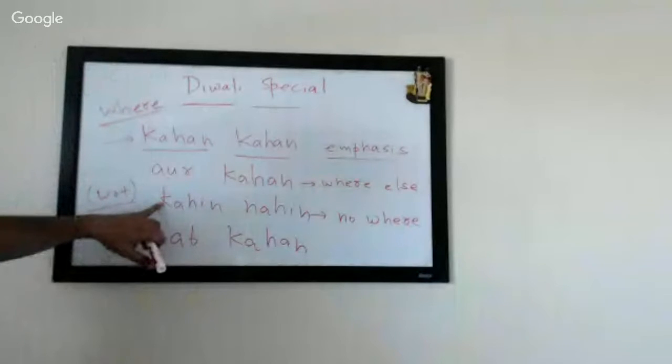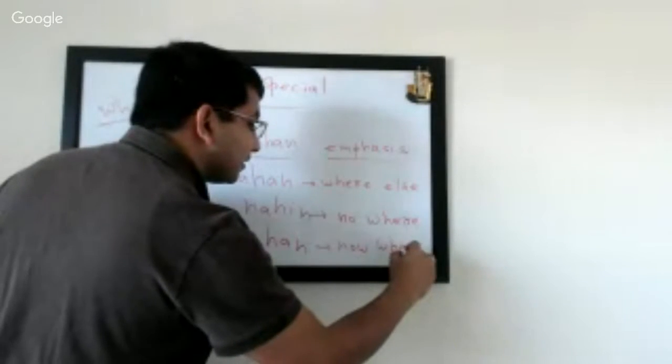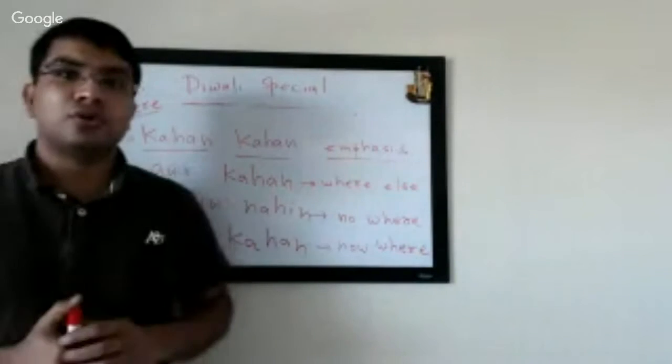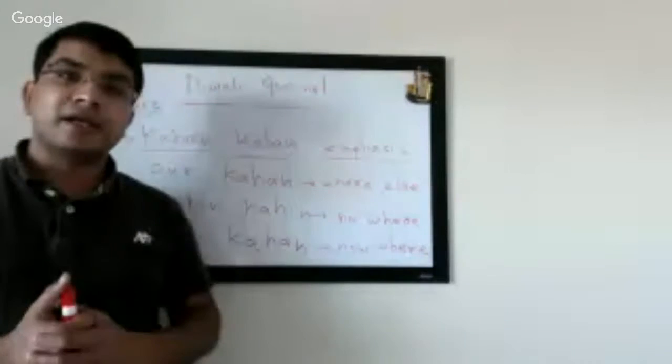Ab kahan, now where, अब कहाँ मनाते हैं, right? So again, this is a special case, fourth one, अब कहाँ मनाते हैं.